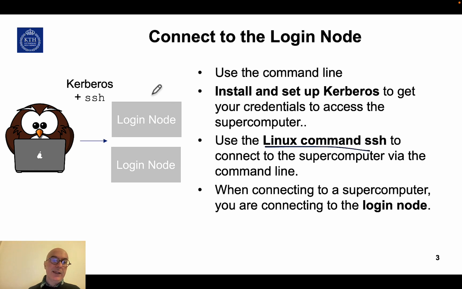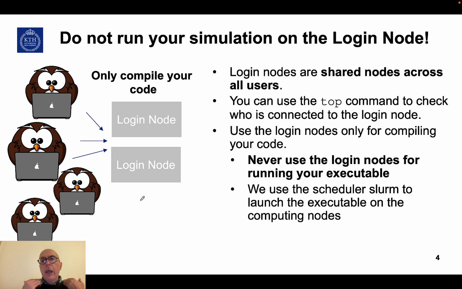It's important to realize that when we do SSH, we are actually on the login nodes, the gray box here. Login nodes are shared across all the users. So multiple users, when connecting to the supercomputer, will all share the login nodes. It will be myself, and then other students from DD2356, and it might also be other researchers.